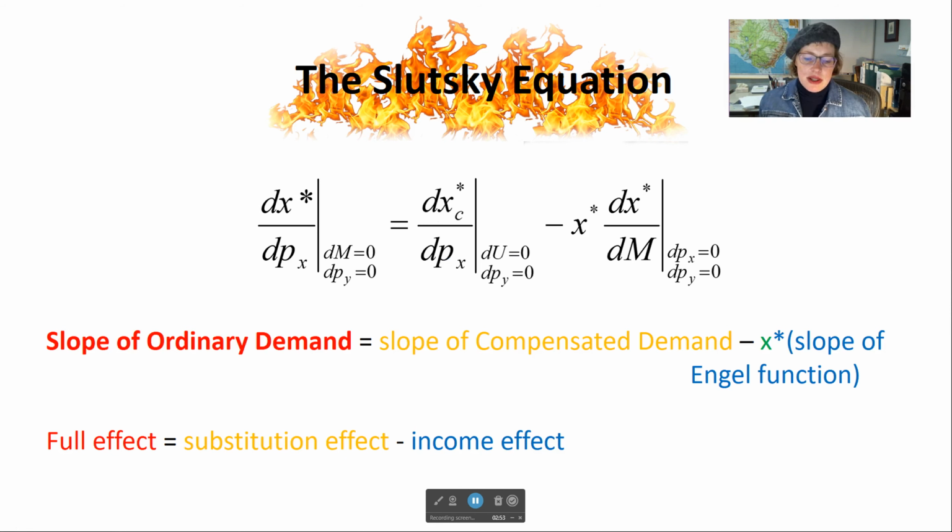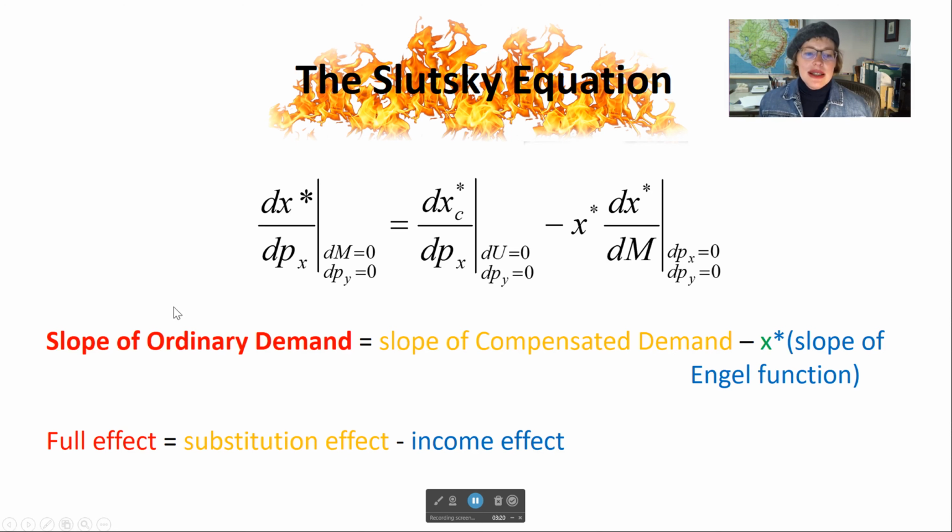The last set of terms on the right-hand side of the equation tells us what the income effect is, which is the product of demand x times the slope of the Engel function. Below, we also have in words an interpretation of the different elements of the Slutsky equation.